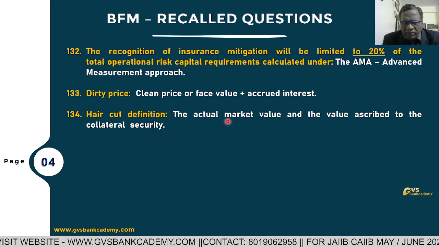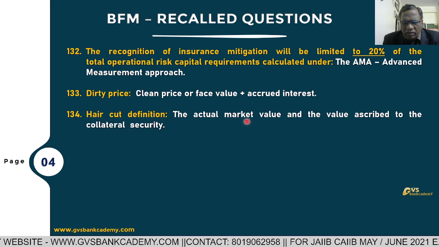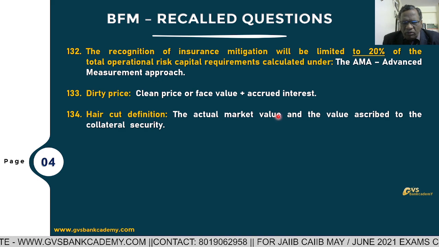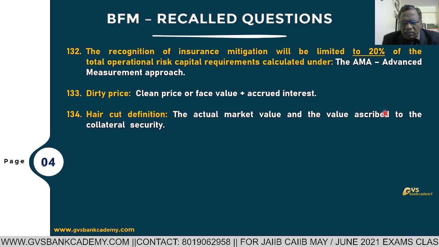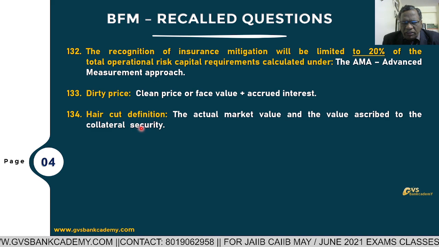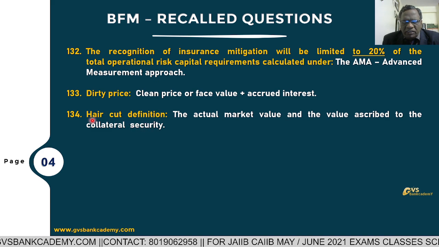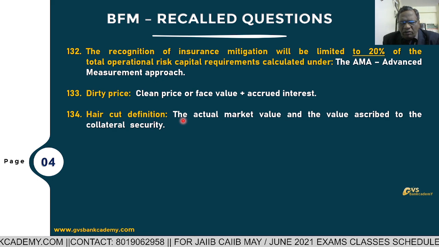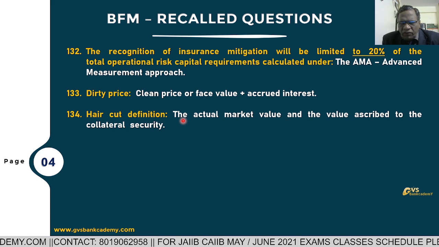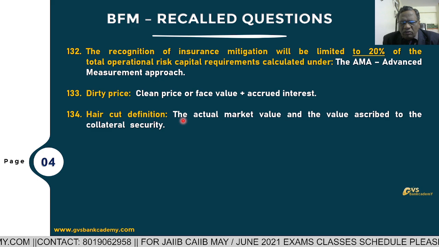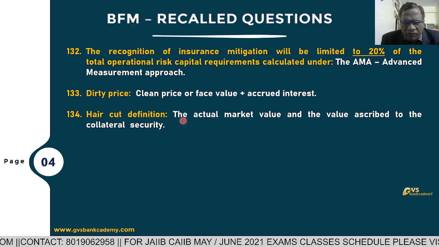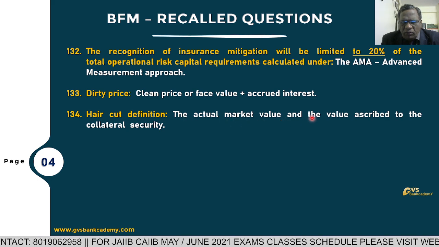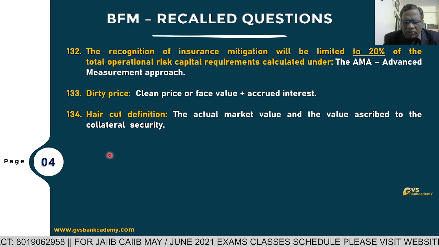If you are taking some security as collateral, and the market value is, for example, 100 rupees, and we take the value of the collateral security as 85 rupees, then the haircut is 15%. So the difference between the market value and the value assigned to collateral security is called the haircut.